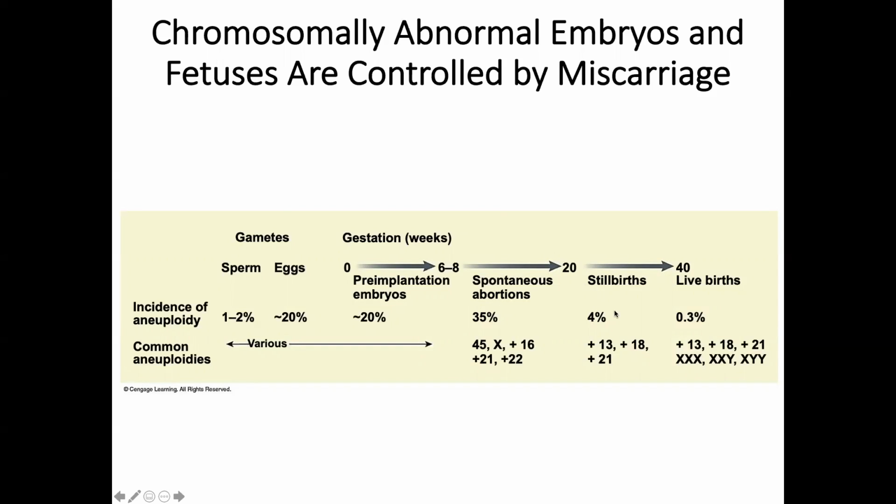The frequency decreases again by an order of magnitude, with about 0.3% of newborns being aneuploid. Therefore, you can tell that miscarriages are not always bad. It is a natural selection to produce healthy babies. And every one of us is a winner as we went through all the selection process and came to this world eventually.